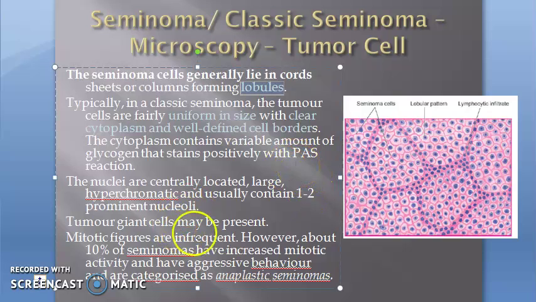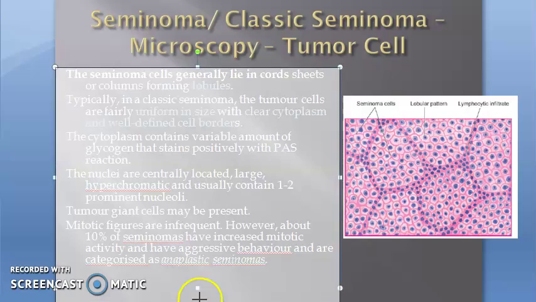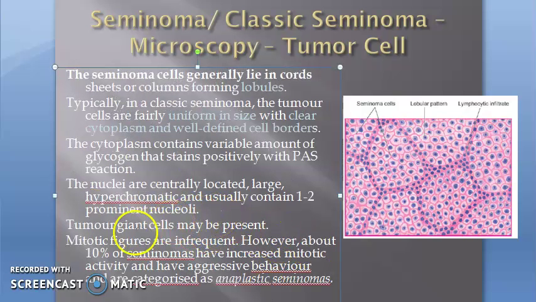Now, coming to the nuclei. The nuclei are centrally located. They are hyperchromatic. They are large nuclei, obviously, because it is a malignant condition. The nuclei are large, hyperchromatic, and they contain prominent nucleoli. Tumor giant cells may be present.